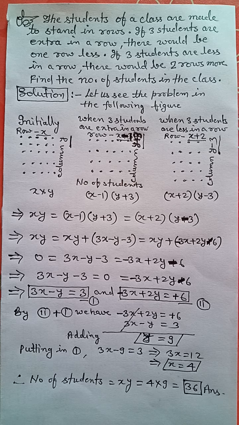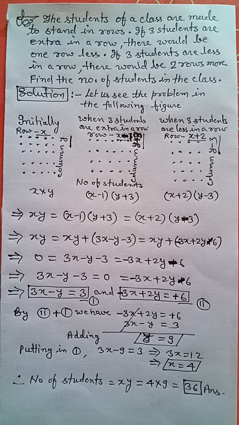If 3 students are extra in a row, there would be 1 row less. And if 3 students are less in a row, there would be 2 rows more. Find the number of students in the class.